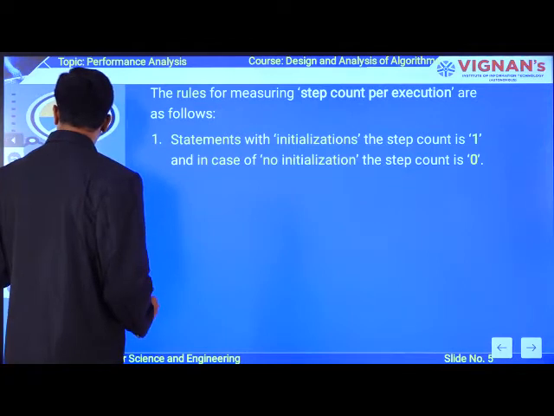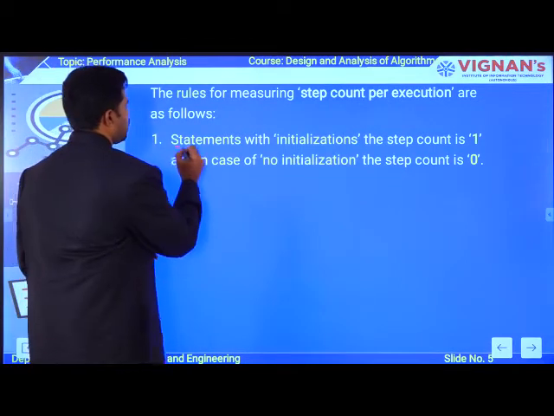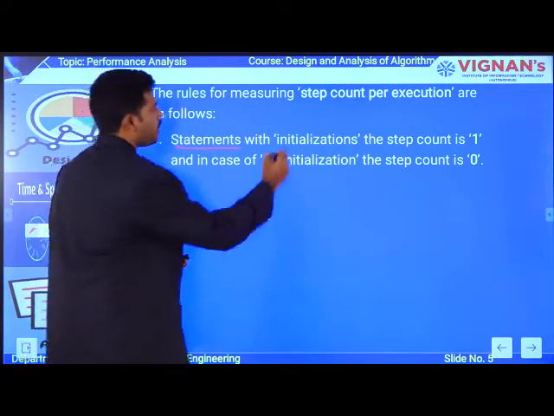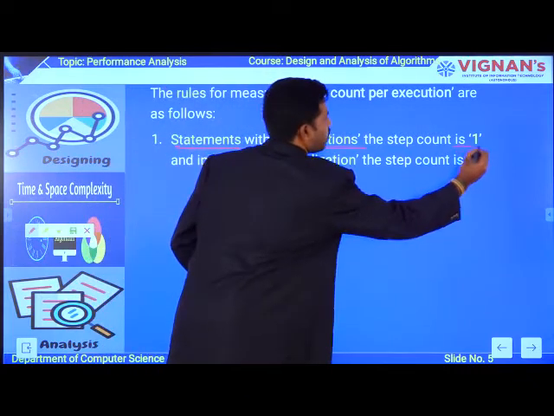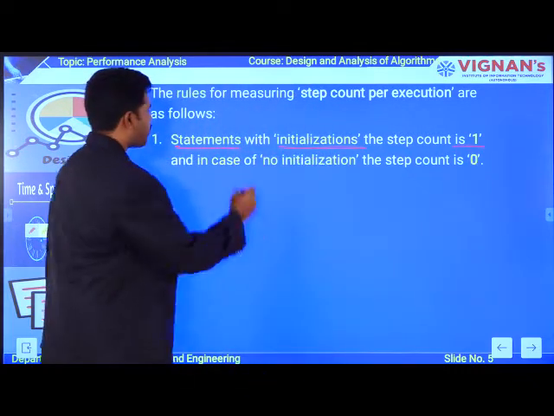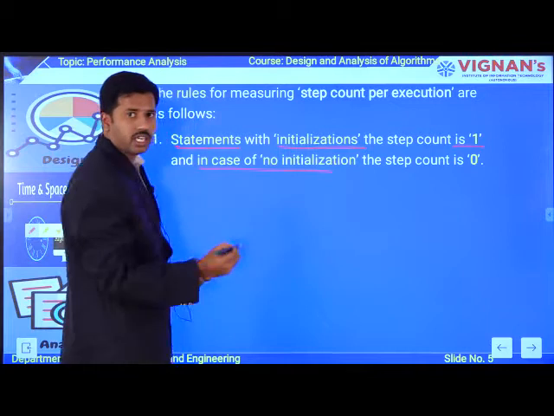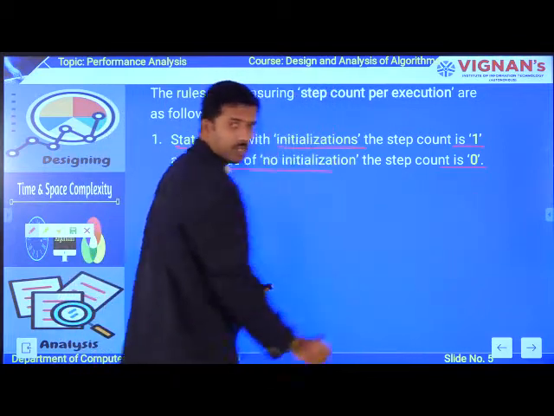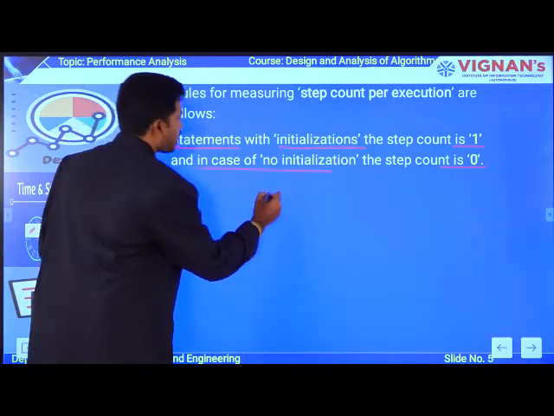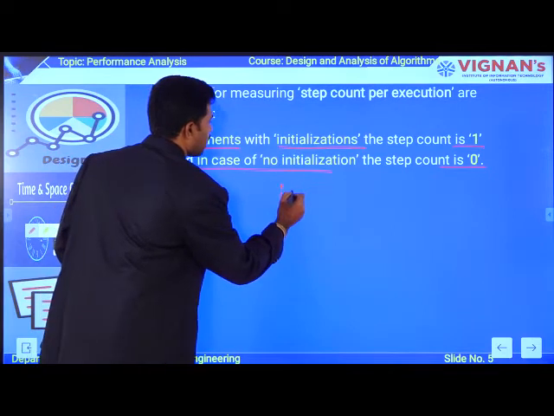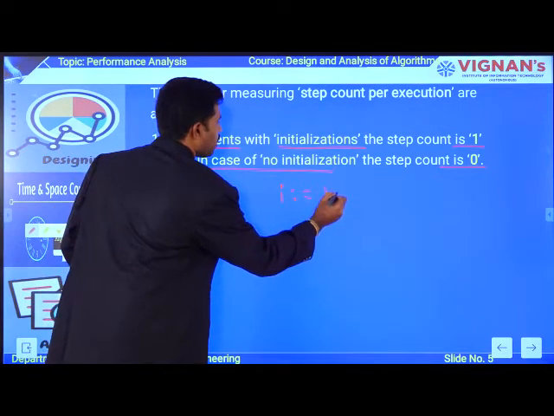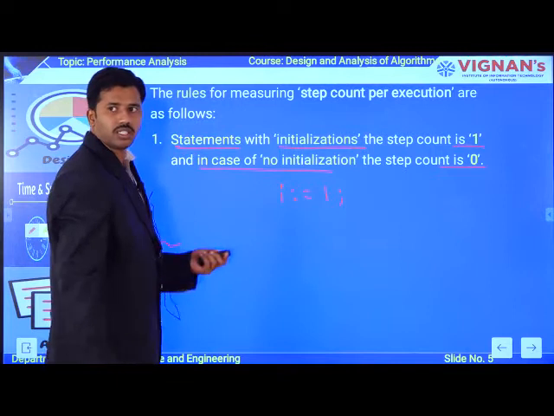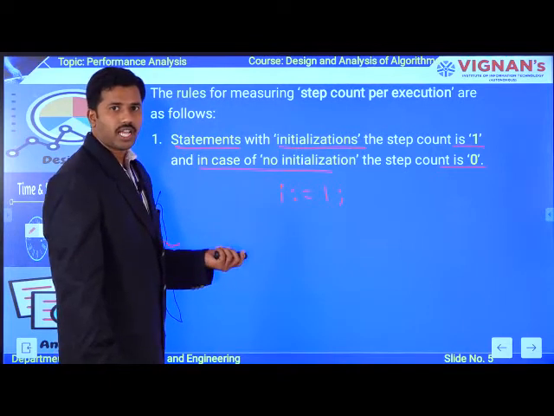So the first rule is about statements. For statements with initialization the value is 1, and for statements with no initialization the value is 0. Let us take an example: I := 1. I hope you are aware that this is an example of an assignment operation. Why?